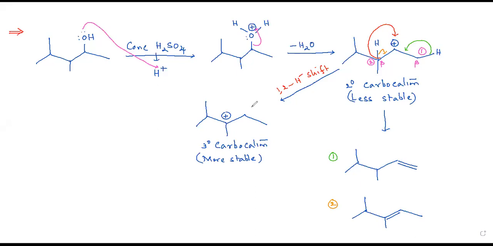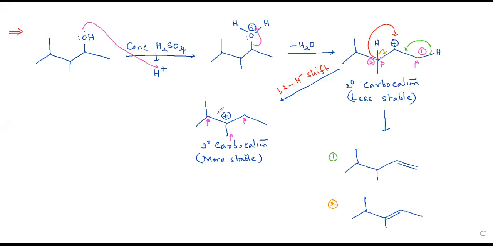See, this is a beta. This is another beta. This, of course, is another beta. So there are 3 possibilities here. Now with these three possibilities, let us check what we get.